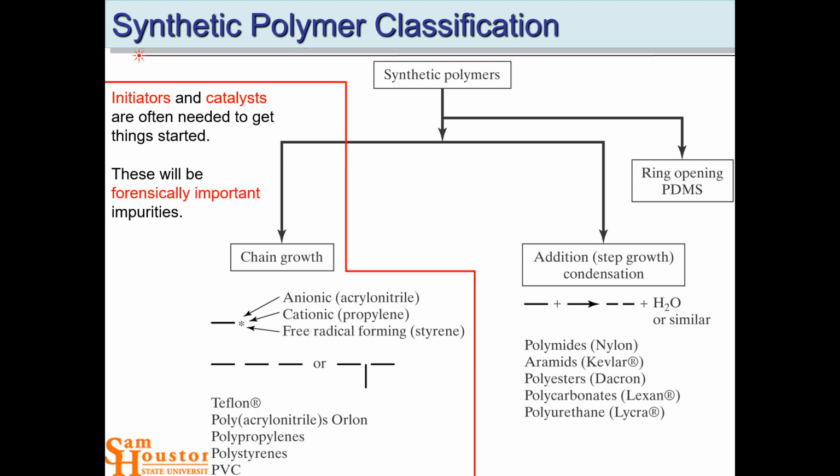Probably the largest variety of polymers are made with this chain growth polymerization. And the one thing I want to point out is that chain growth polymerization often requires initiators or catalysts, something that starts the process, and if you'll notice, there are different mechanisms for growing these.